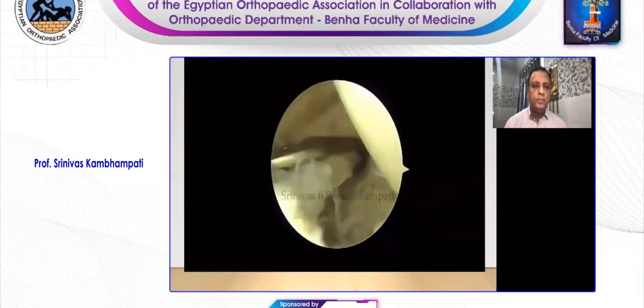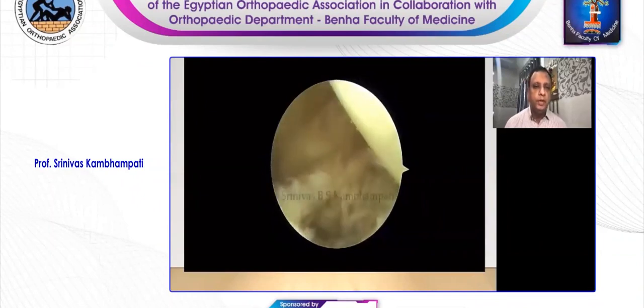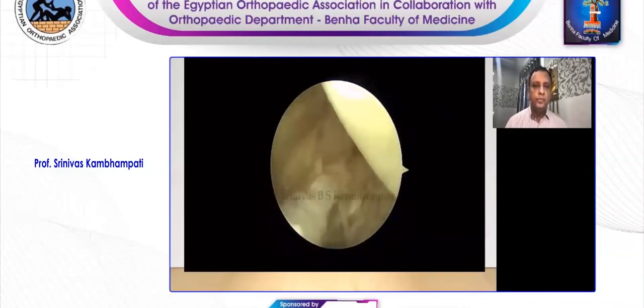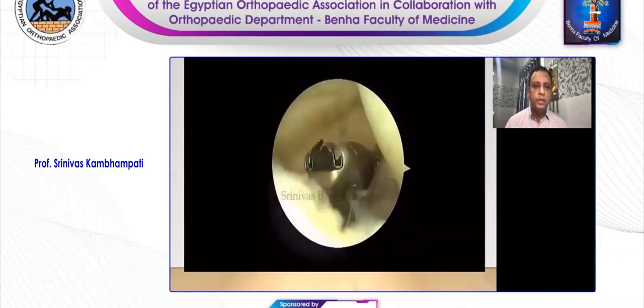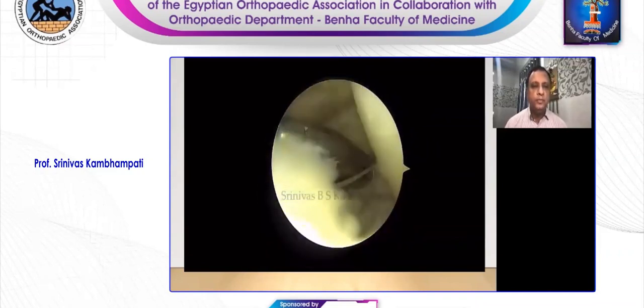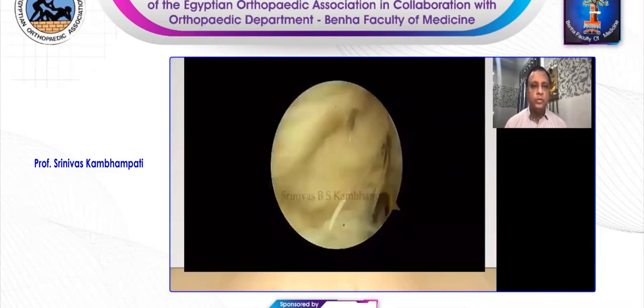Using a first pass device, a fiber wire was passed through the synovial capsule forming the ramp. Another bite was taken, and taken out through the posteromedial portal.